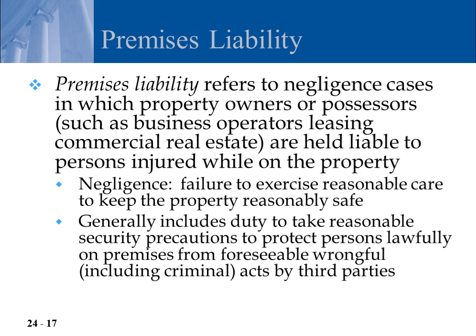And then there's premises liability, and it really refers to negligence cases in which property owners or possessors, such as business operators leasing commercial real estate, are held liable to persons injured while on the property. So if we look at it in terms of negligence, failure to exercise reasonable care to keep the property reasonably safe, and it generally includes a duty to take reasonable security precautions to protect persons lawfully on premises from foreseeable, wrongful, including criminal acts by third parties.